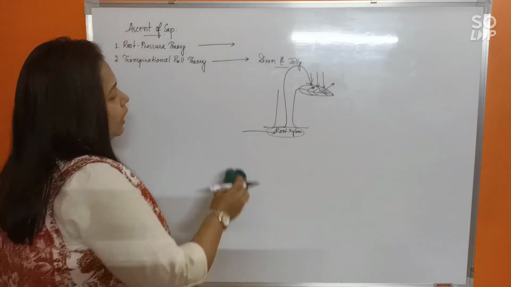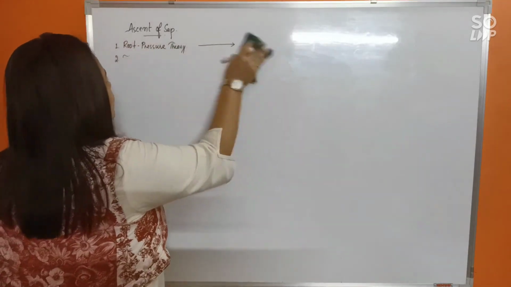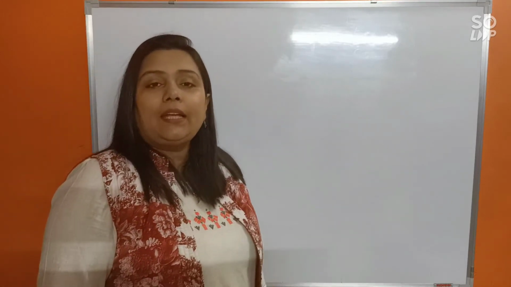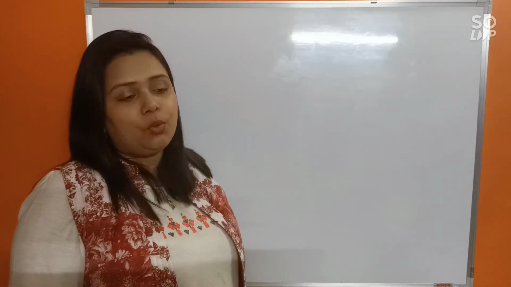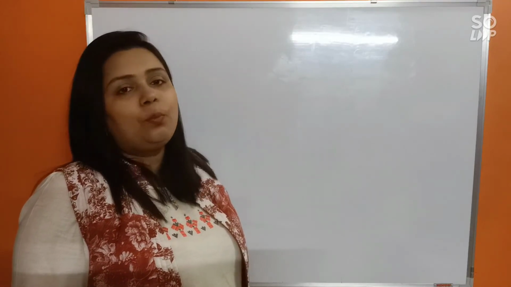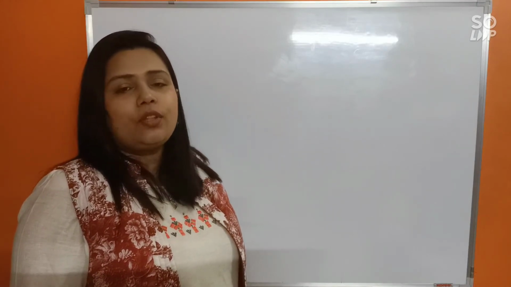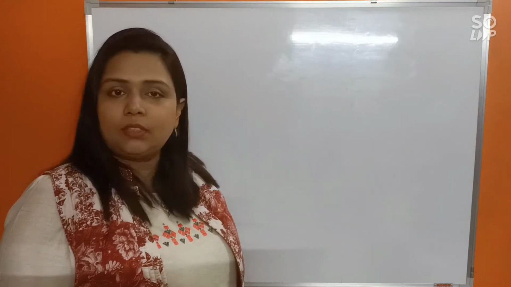Fine. Now, next we are going to discuss another very important mechanism. We know that transpiration occurs through stomata, and stomata are open during the day and close at night, right? So there has to be some mechanism that controls stomatal opening and closing, right?